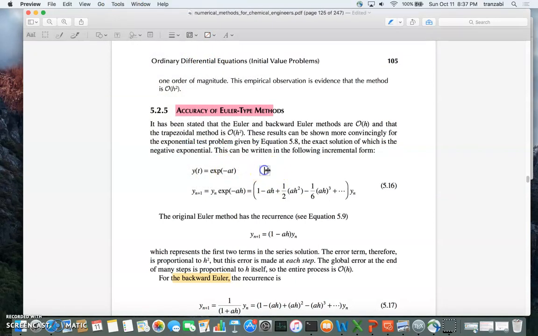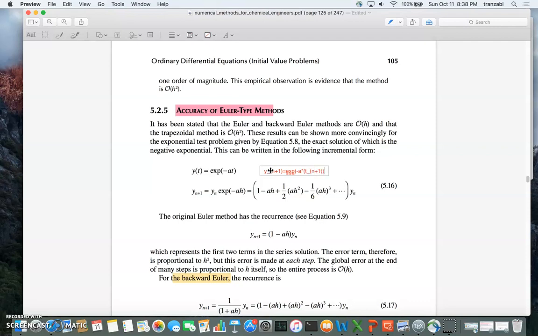Okay, so if this is the exact solution for the toy problem we looked at, then let's say n plus 1, this is equal to exponential of minus a times t n plus 1, right?